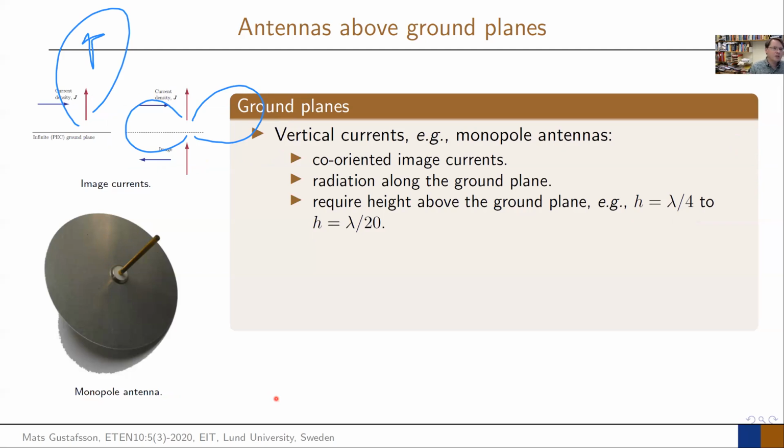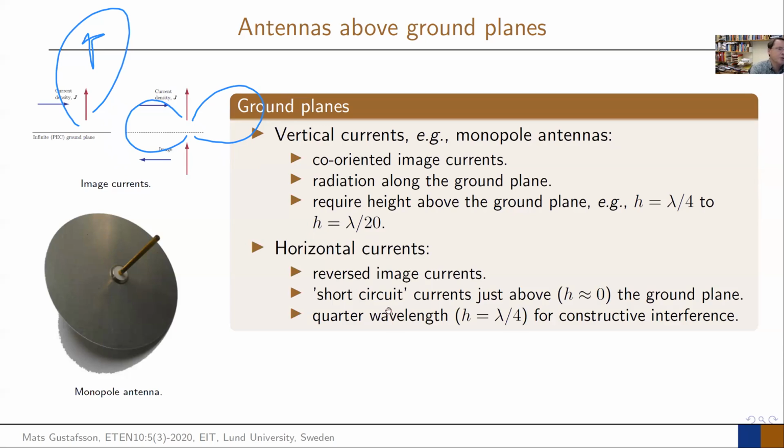But if it sits on the side of a house, or on your clothing, maybe you would like it to radiate away from you in some ways. So in many cases, you would like to have that type of radiation. And that you cannot do with monopoles or these vertical currents. You need to do something else, typically horizontal currents.